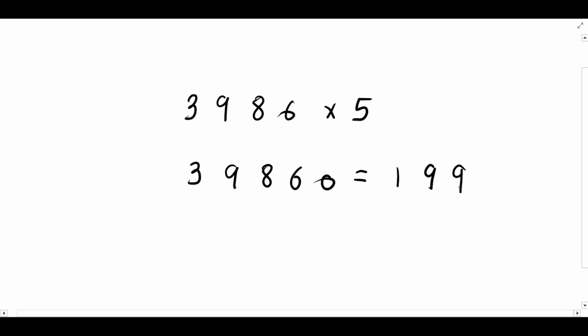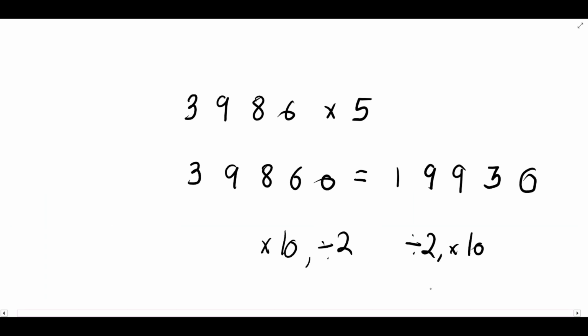And 6 by 2 gives a 3. And don't forget about the last digit. 0 by 2 gives a 0. And here's our final answer. You can start with multiplying by 10 and then dividing by 2, or you can halve it first and then multiply by 10. Whichever is easier for you, you can do that.